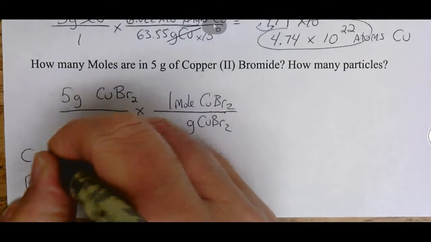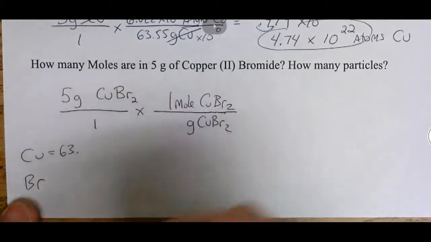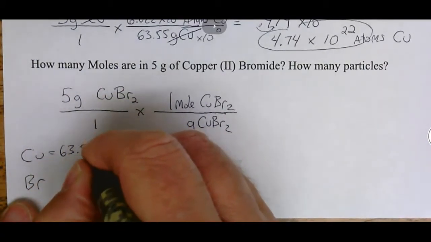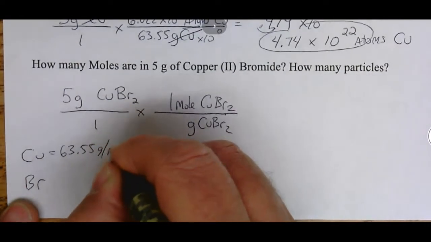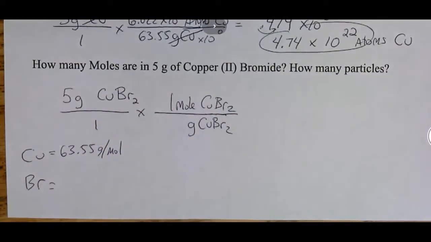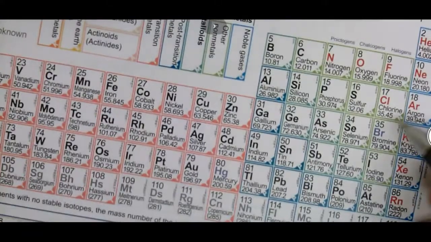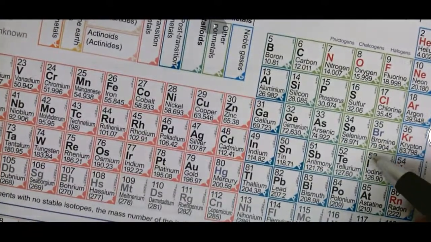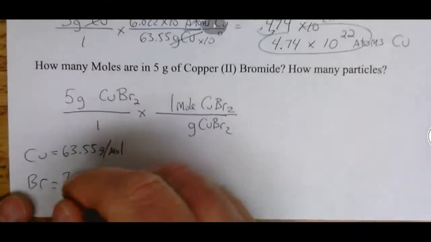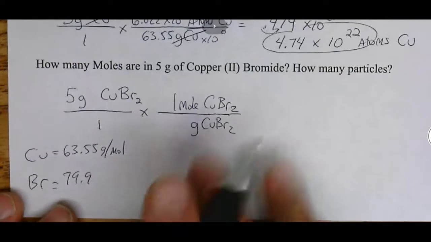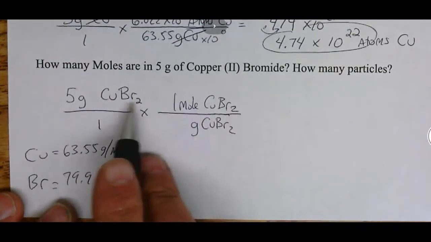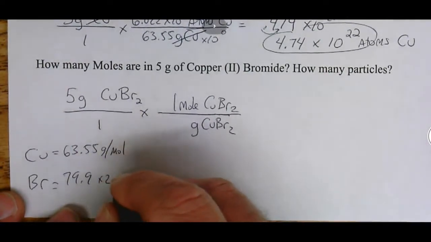It's 63.55 grams per mole. And then we know bromine is, we look on our periodic table, right over here, 79.9. Well, we know we have 2 of those, 2 bromines. So we times that by 2.